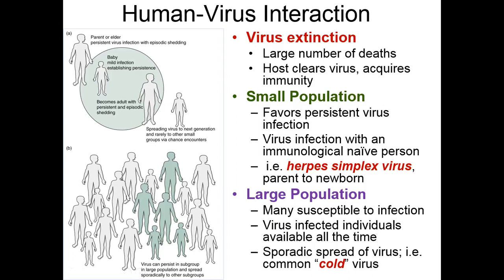For example, the common cold occurs in large populations. A lot of individuals get sick, and during the winter time you always see individuals who have a common cold. So it would be a sporadic spread of the virus.